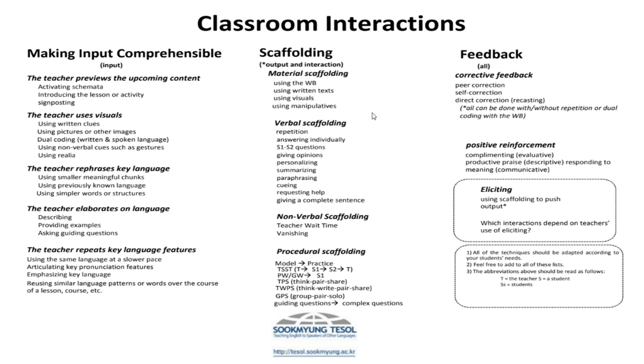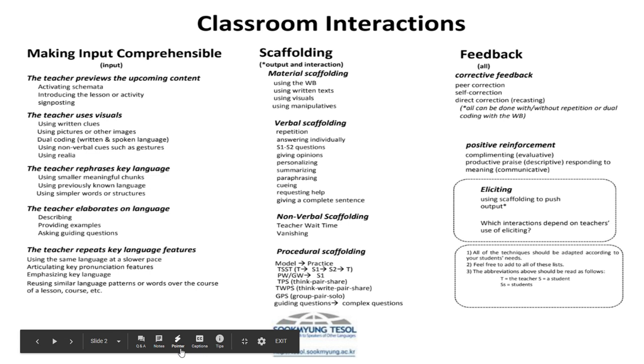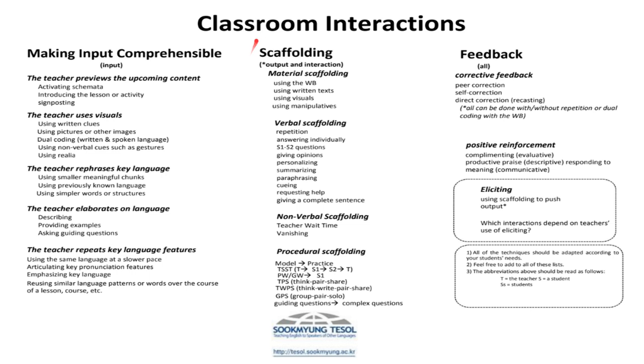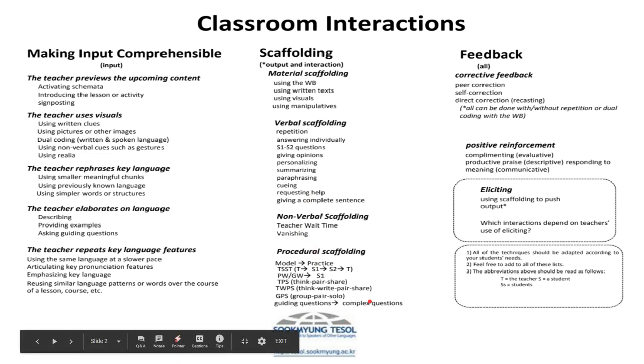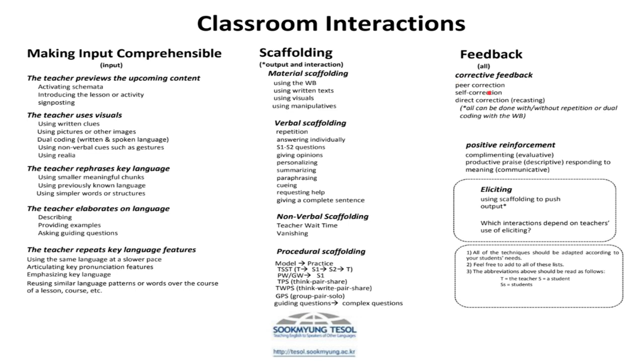So what you're looking at now is the Fall 2019 official classroom interactions sheet, including all of your MIC techniques, scaffolding, including material, verbal, nonverbal, and procedural scaffolding techniques, and feedback, which includes corrective feedback and positive reinforcement.